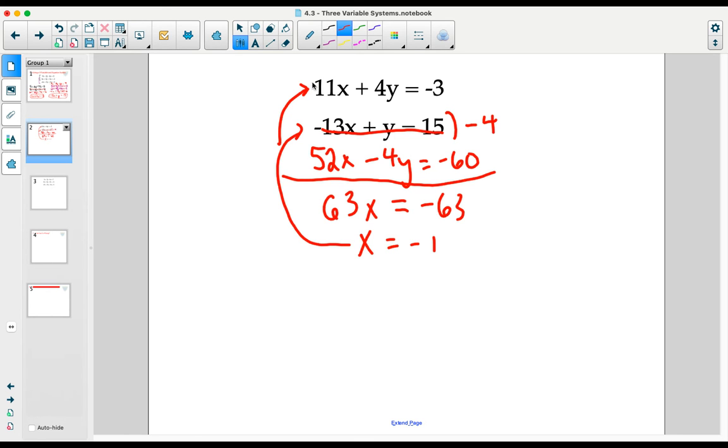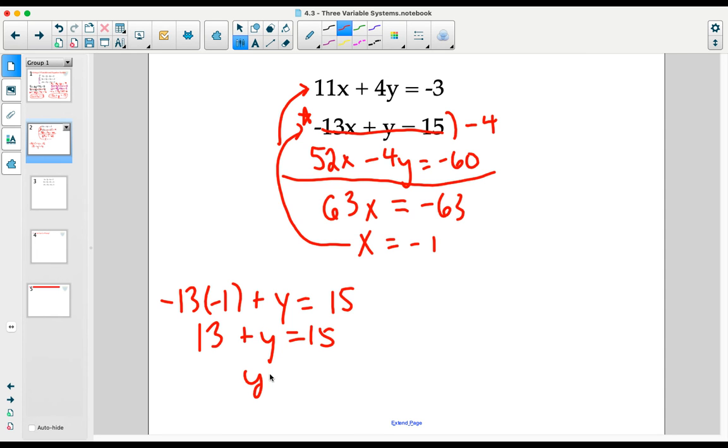So taking x back into either one of those equations, we'll choose the second one. Negative 13 times negative 1 plus y is equal to 15. Negative 13 times negative 1 is 13, plus y is 15, so y would be 2.